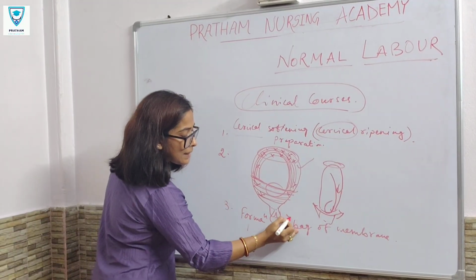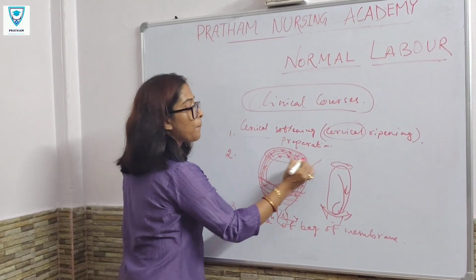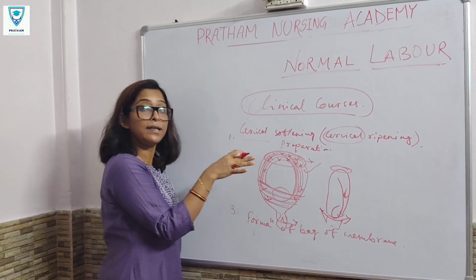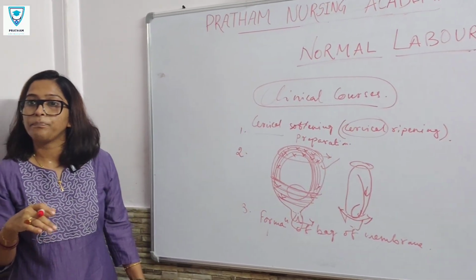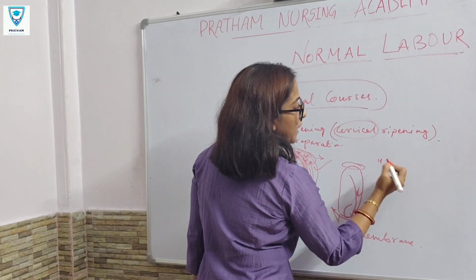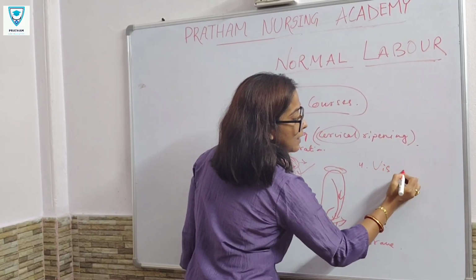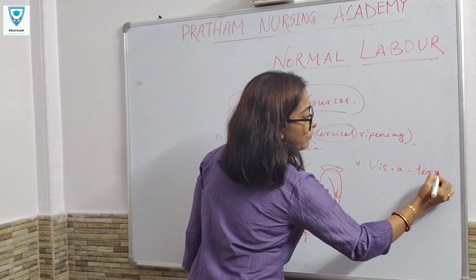This part of the cavity is known as forewater and the part which lies behind the fetus is known as hindwater. After that, the main stage comes, that is known as vis a tergo.